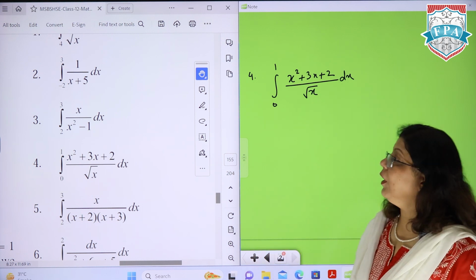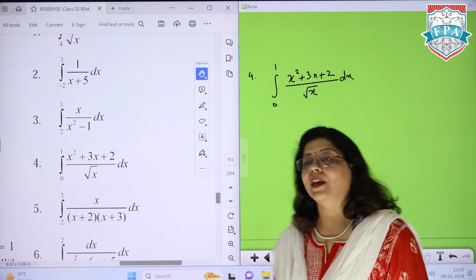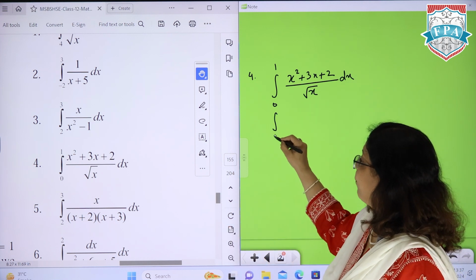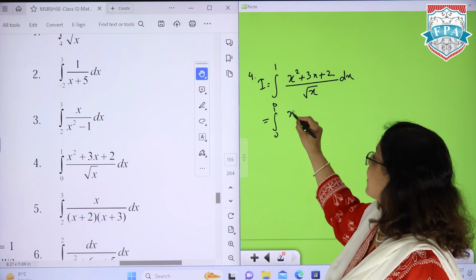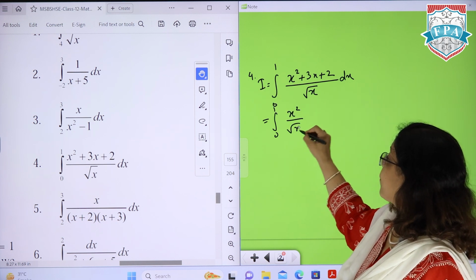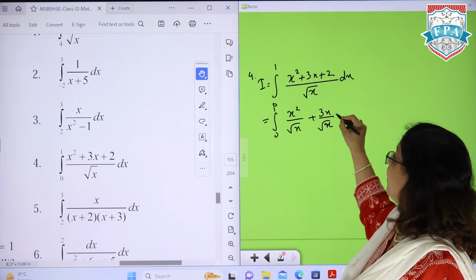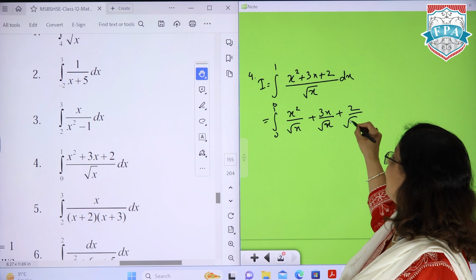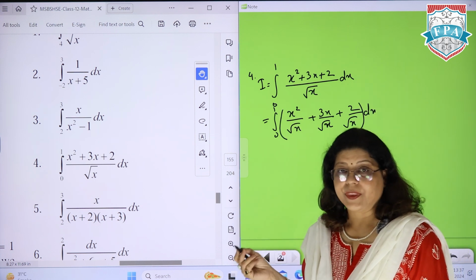But since we have only one denominator over here, spread it so that it can be given to all of them. So from 0 to 1, this is your I, x square by root x, plus 3x by root x, plus 2 by root x dx. So the question can be simplified like this.